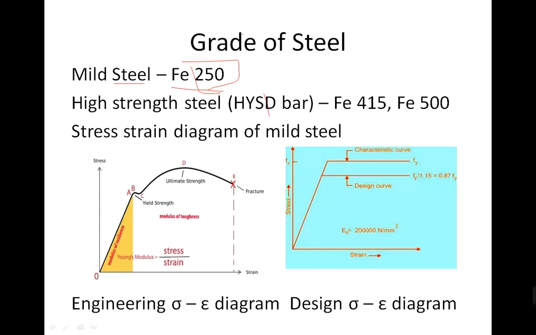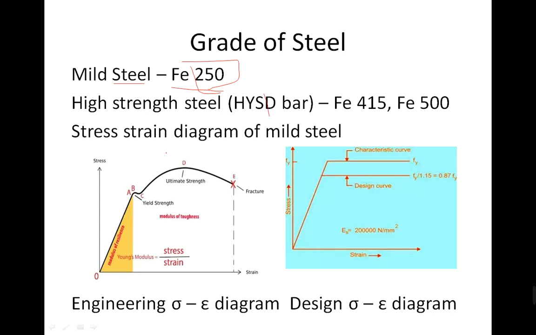Large inelastic deformation takes place, and when the loads are removed, without loss of strength and stiffness, it comes back to the original position. So steel is ductile.